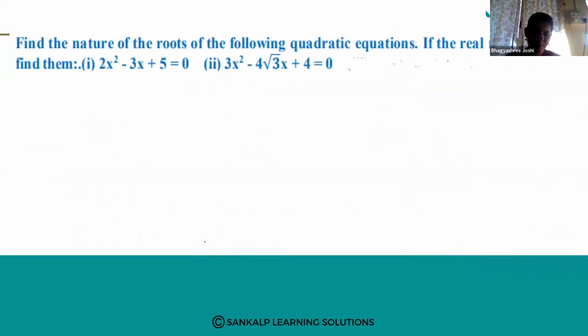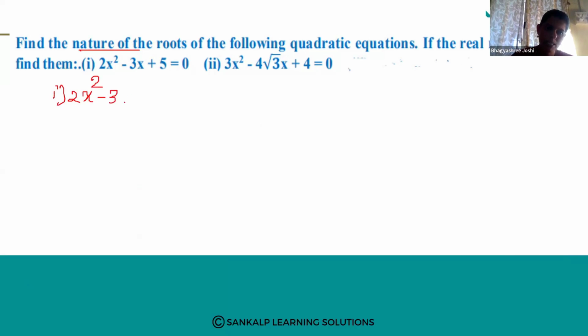Next. Find the nature of the roots of the following quadratic equations, and if the real roots exist, find them. Nature of the roots we need to find out. So for that, first one is 2x square minus 3x plus 5 is equal to 0.